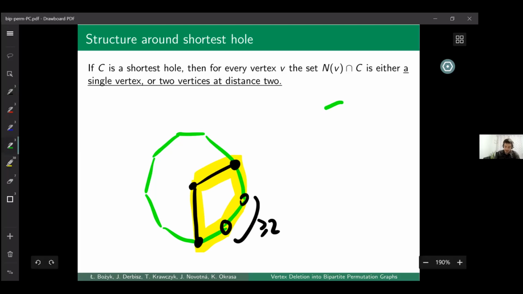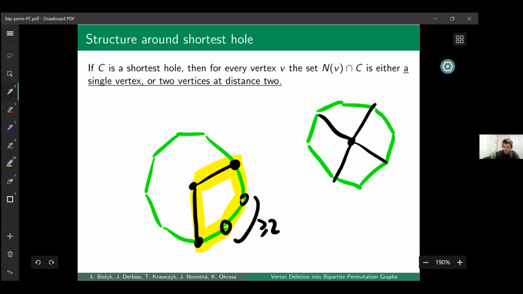The only possible case left is that this extra vertex is connected with every second vertex on our shortest hole, but then we again have our forbidden structure somewhere in there.